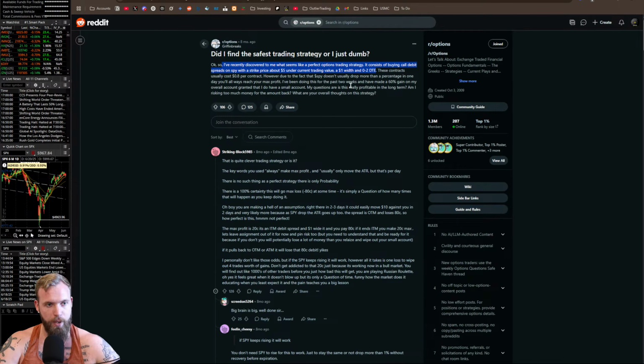Due to the fact that SPY doesn't usually drop more than a percentage in one day, you'll always reach your max profit. Been doing this for the past 2 weeks, made about 60% gain on my overall account. Granted that I do have a small account, which we can obviously assume based on the fact that an $80 trade led to a 60% gain on the account. My question is, is this really profitable in the long term?